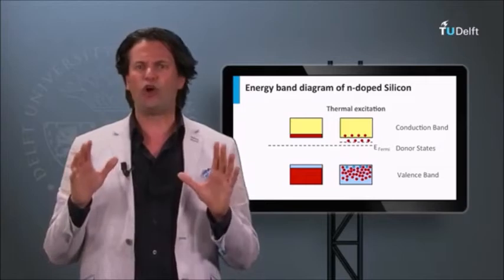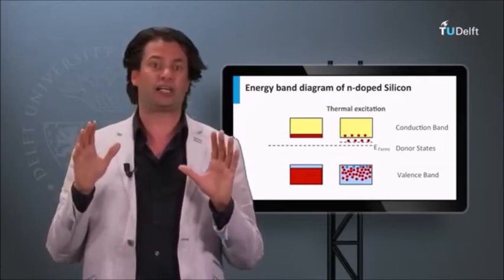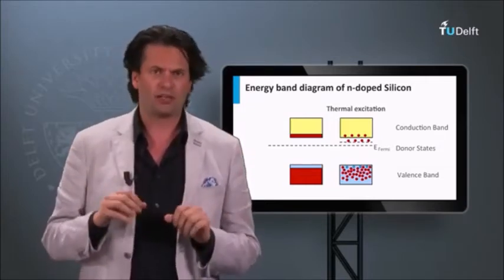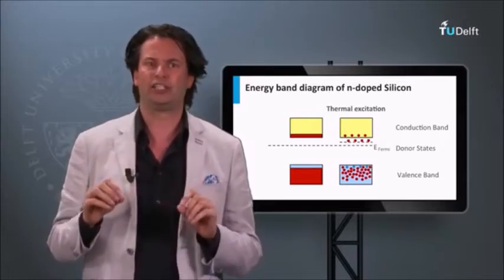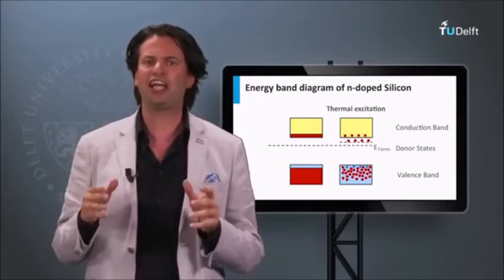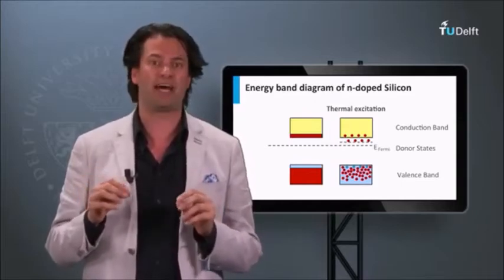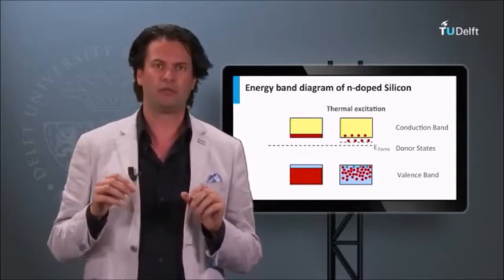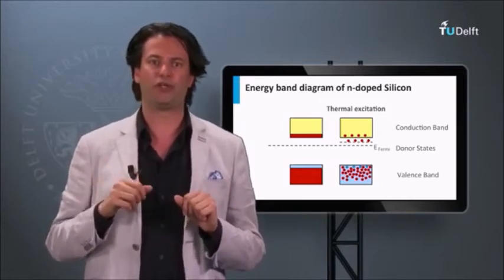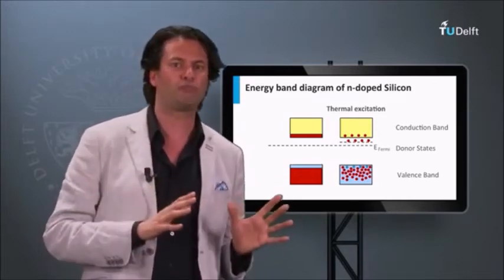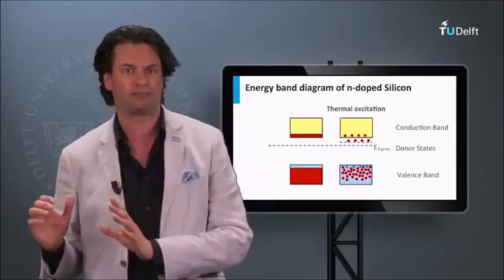N-doping of silicon can also be illustrated by an electronic band diagram. The phosphorus atoms are represented as donor states. These donor states have an energy level within the forbidden bandgap of the silicon matrix, which can be occupied by electrons. The energy level of the donor states is closer to the conduction band than to the valence band.